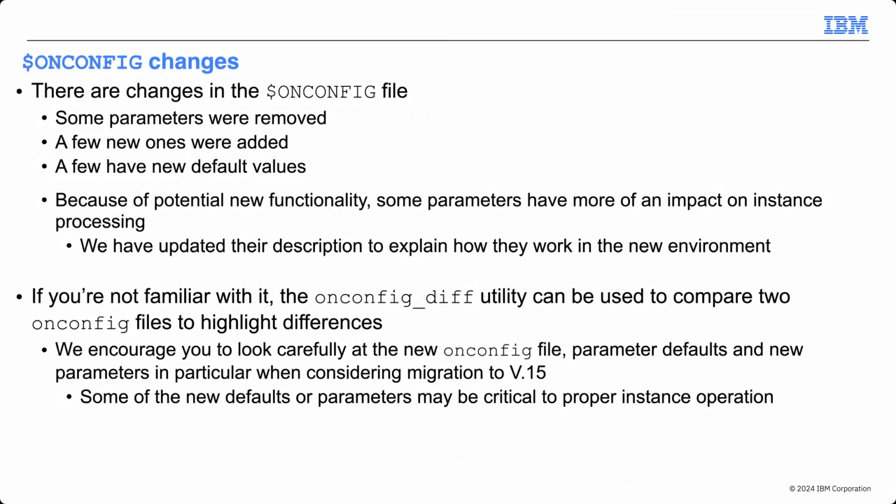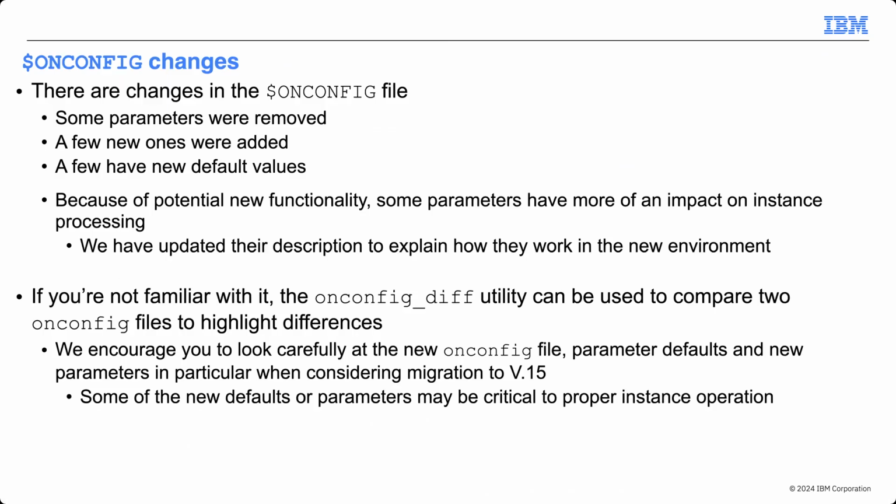There is some functionality that will not work with the default values from earlier versions of the onconfig file. So I strongly encourage you to not just take your version 12 or your version 14 onconfig file, run it into 15 and start up the instance. Things might not work the way you anticipate them to work.